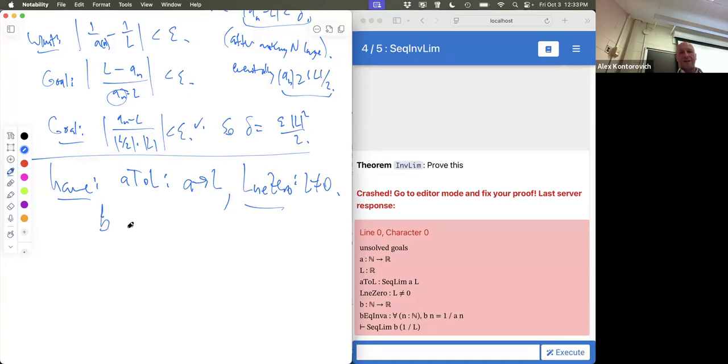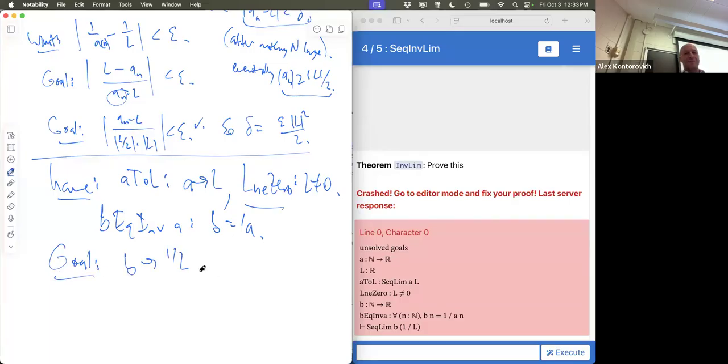We have that B is, I'll write it, B inv A, I guess that makes sense, which is that B is equal to 1 over A. And then our goal, this turnstile, is that B goes to 1 over L.